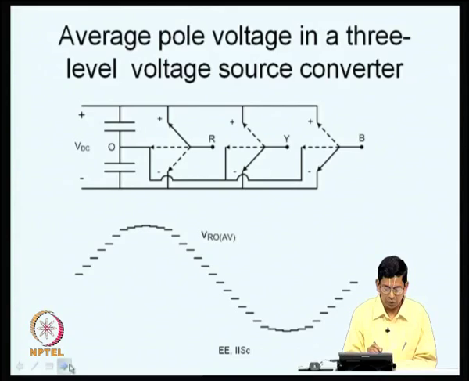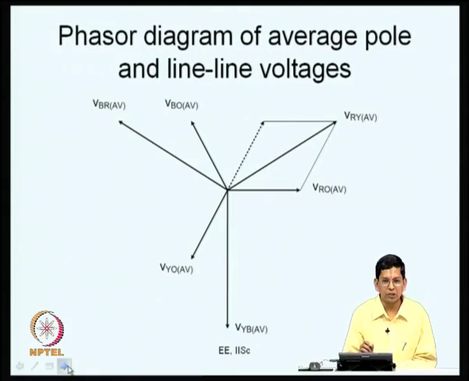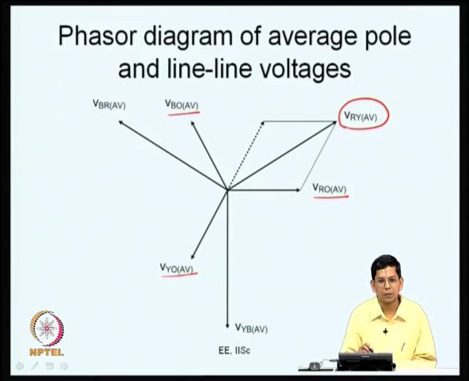Alright. So, if you have the 3 average line voltages, whether you talk of a 2 level inverter or a 3 level inverter, you have VRO average, VYO average and VBO average, which are sinusoidal now. And VRO average minus VYO average gives you VRY average, and VYO average minus VBO average gives you VYB average.